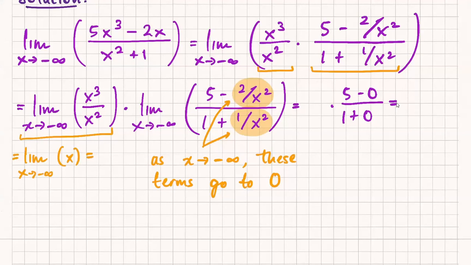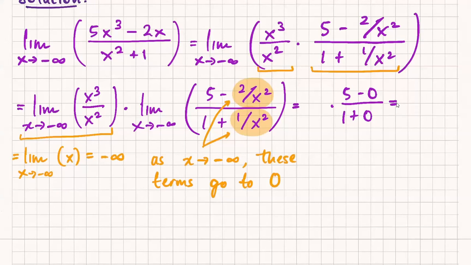Well, if x is going to negative infinity, what's happening to x? It's almost like a trick question, right? If x is going to negative infinity, what's happening to x? It's going to negative infinity.